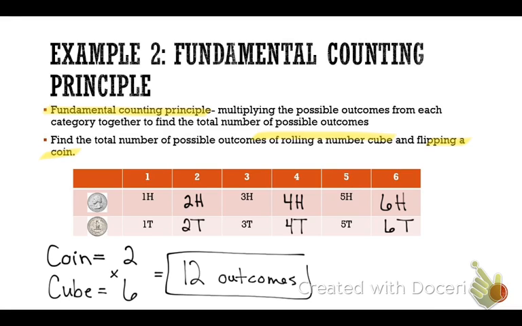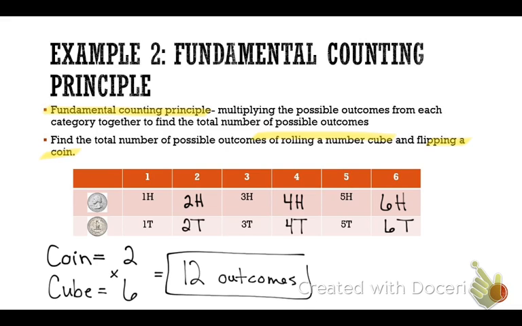I take the total number of possibilities, 2 for a coin and 6 for a number cube, and multiply them together. No tree diagram, no listing every combination. I just calculate it with the fundamental counting principle.